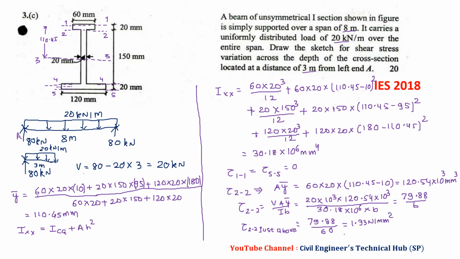And tau 2-2 just below equals 79.88 and the value of b is 20, so we get 79.88 divided by 20, which is 4 Newton per mm square.